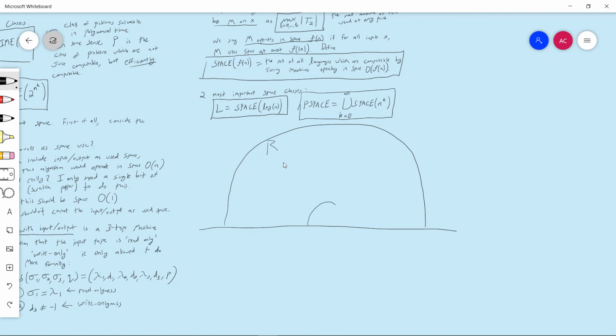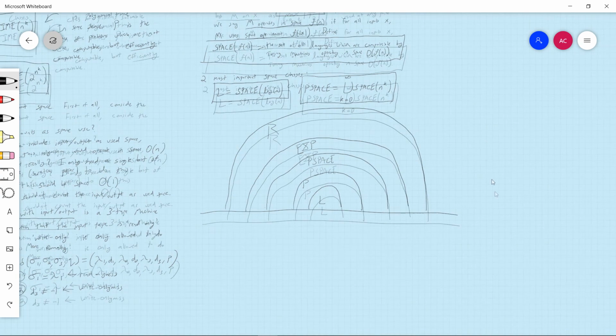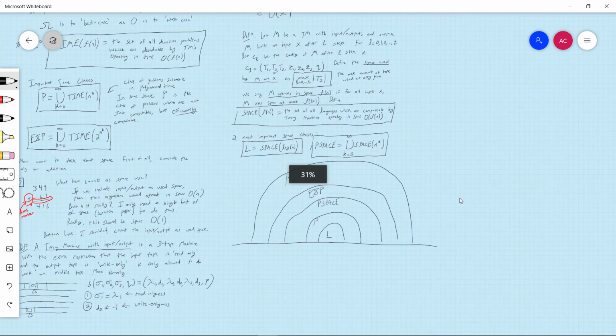And then here's L. L is going to be contained in P. P is contained in EXP, of course, but it's also contained in PSPACE. PSPACE is contained in EXP. And EXP is contained, of course, in R. We haven't proven this yet, but this is what the picture looks like.